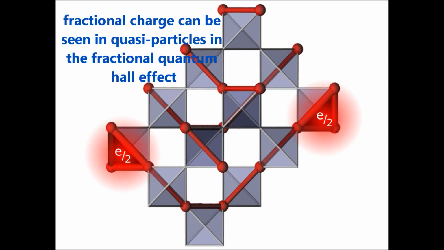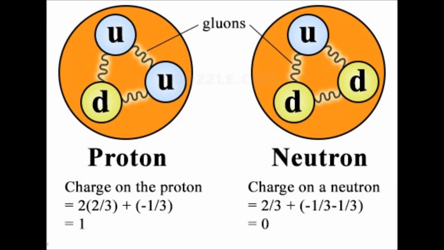For example, if a proton is made of 2 up quarks and a down quark, each up quark has a charge of plus 2/3, and the down quark has a charge of minus 1/3. So 2 times plus 2/3 and 1 minus 1/3 is 4/3 minus 1/3, or 3/3, which is 1. So the proton has a charge of plus 1. Neutron is 2 down quarks and an up quark.